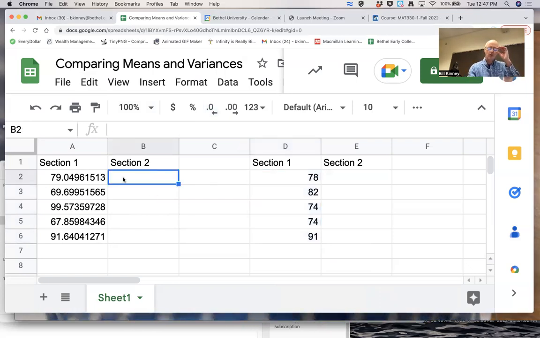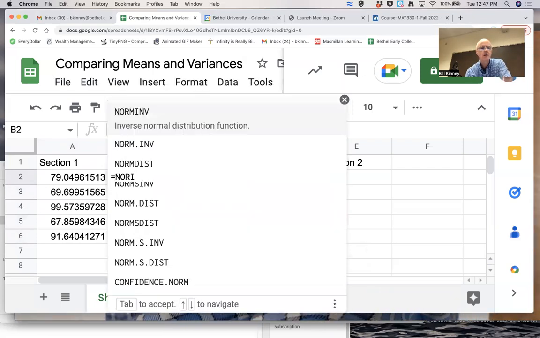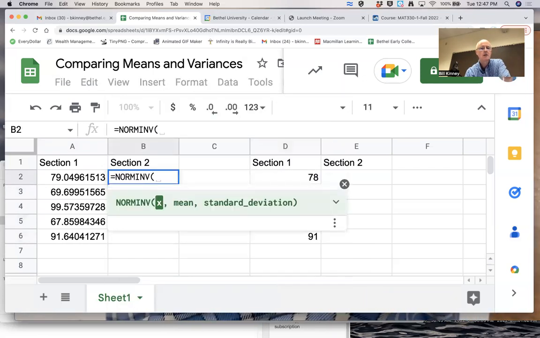But for section 2, let's assume the true mean is different. Instead of 80, it's something else, 82. And the true standard deviation is different. Instead of 10, it's maybe 9. Forgot my RAND.